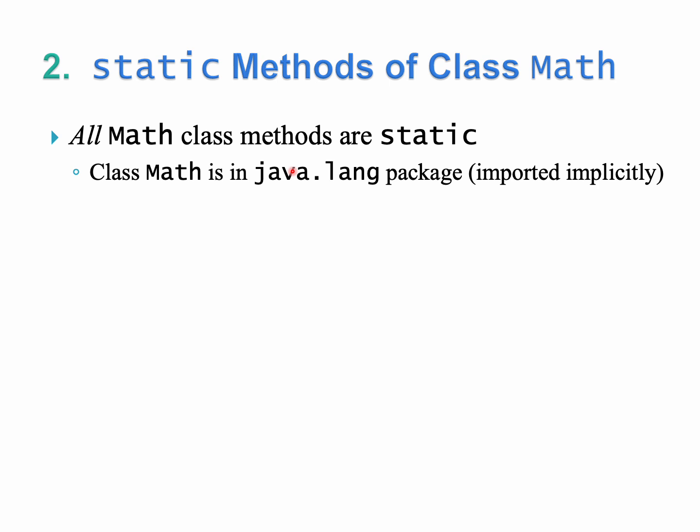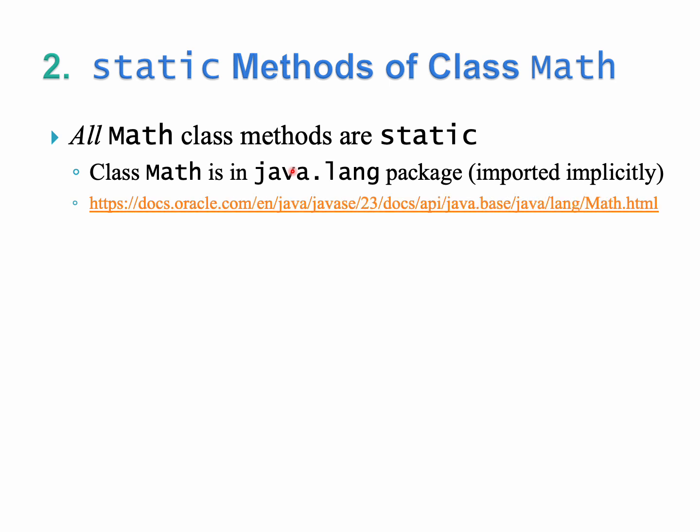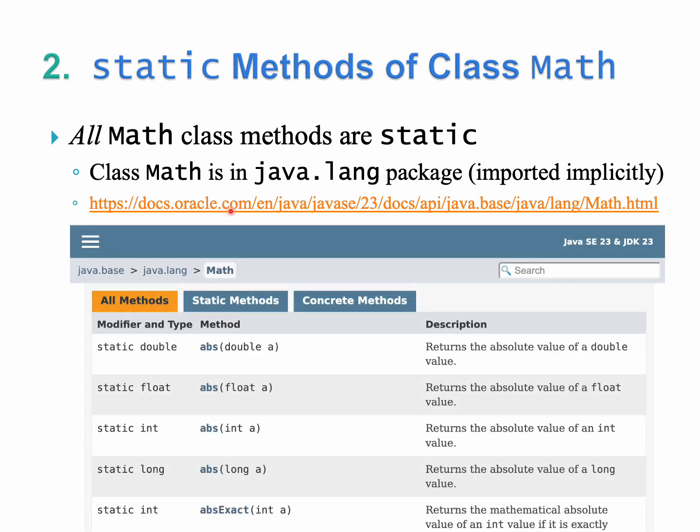You can view the descriptions of all methods in the Math class at this link with the domain docs.oracle.com. This link has the list that shows the methods in alphabetical order.